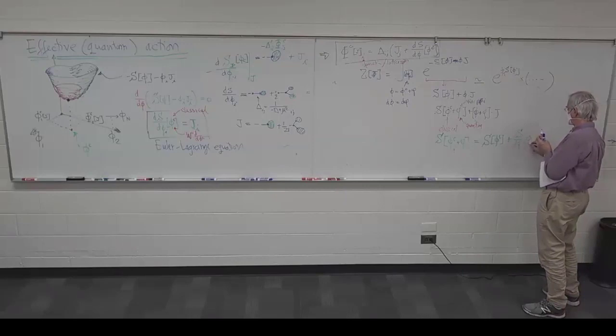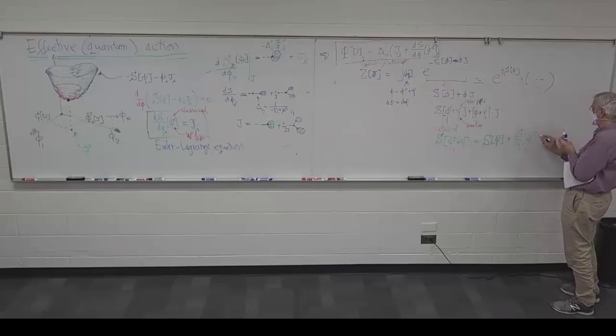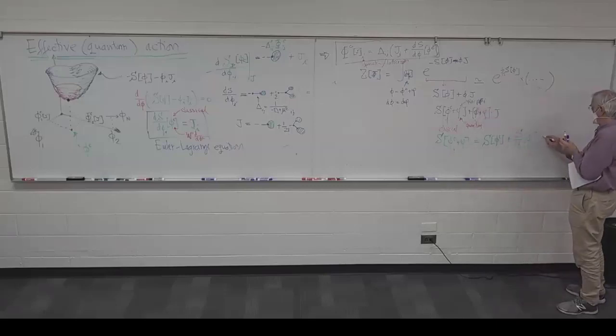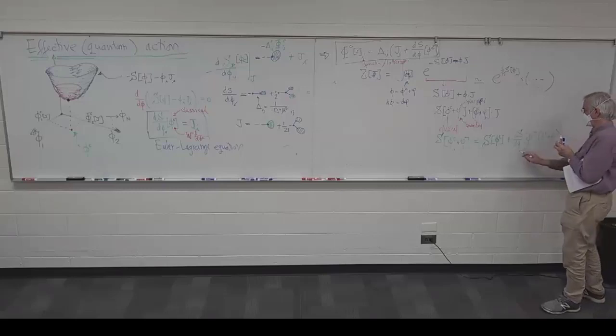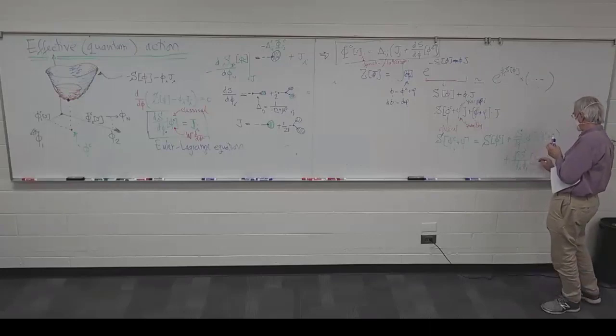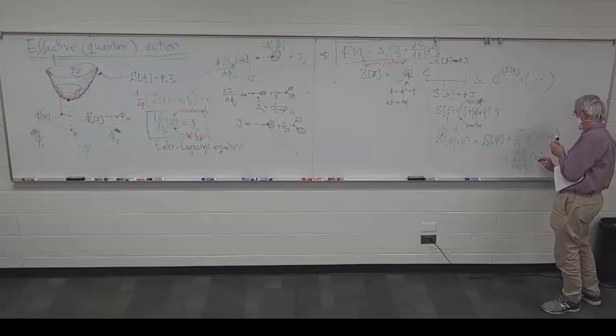I'm just doing a multi-Taylor expansion, right? Times phi c plus phi. And now I'm so bold, I take the second derivative, the matrix of second derivatives. I evaluate it at the classical point.